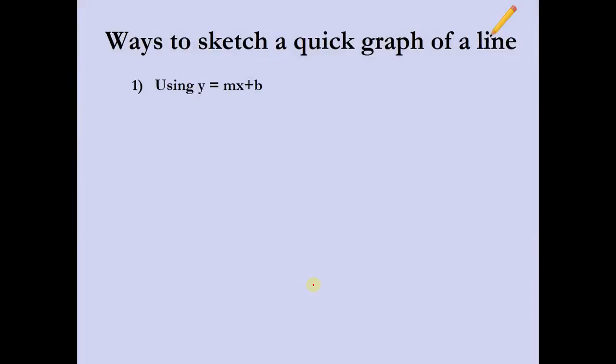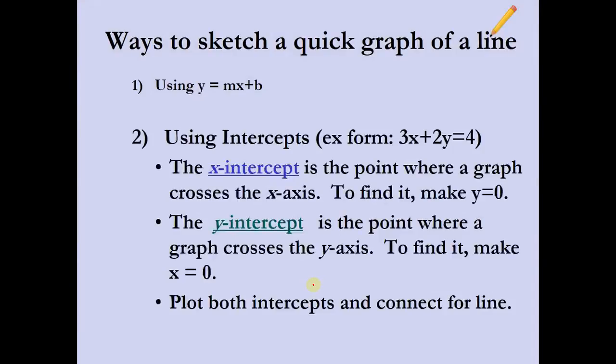So we've already graphed using y equals mx plus b. Let's look at graphing with an intercept now. So, just so you guys have a formal definition in your notes, the x-intercept is the point where a graph crosses your x-axis. How are you going to find it? Well, you're just going to make y equal to 0.